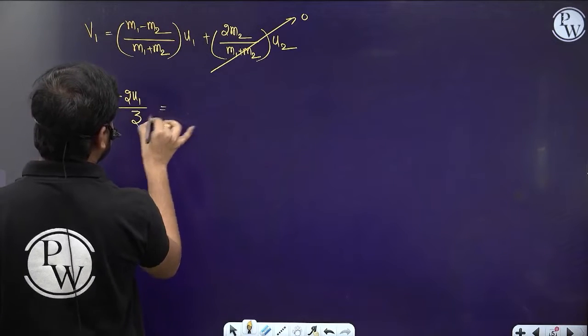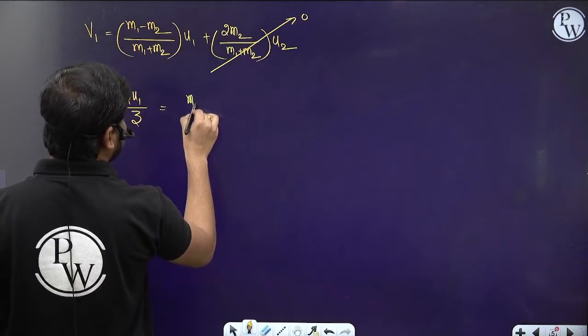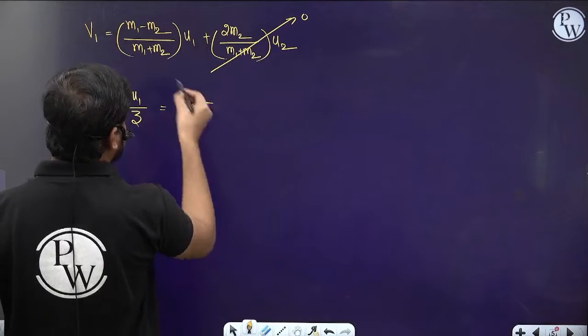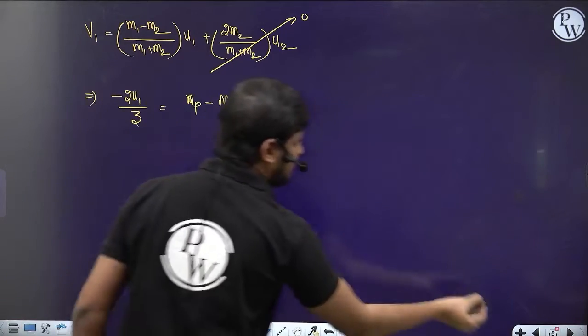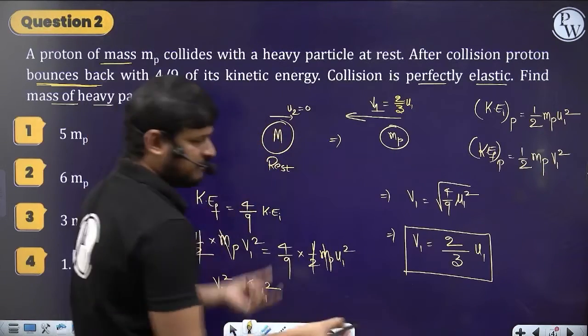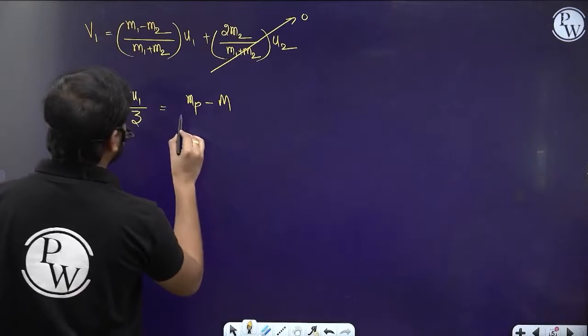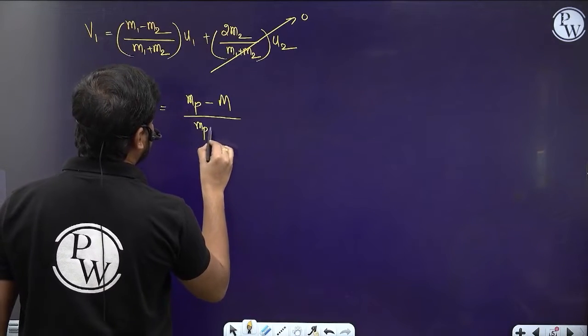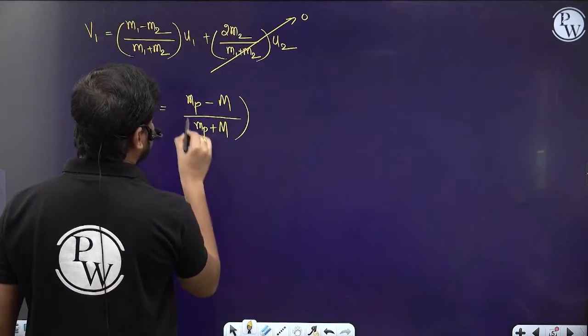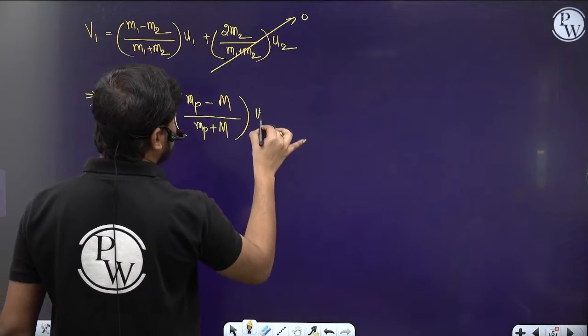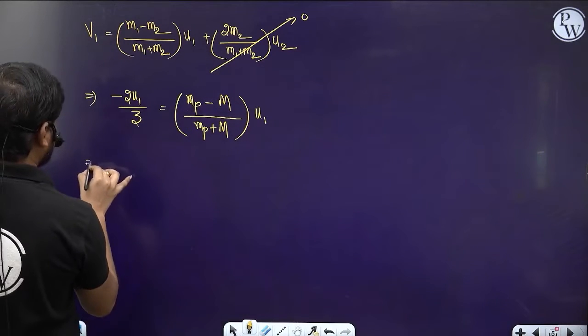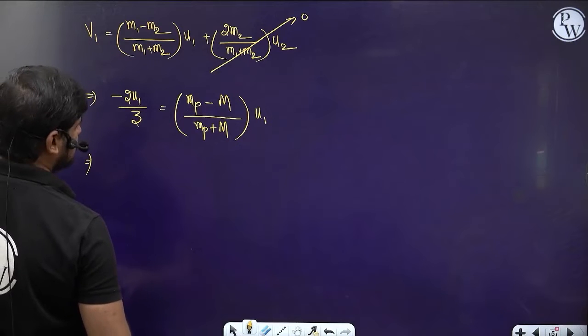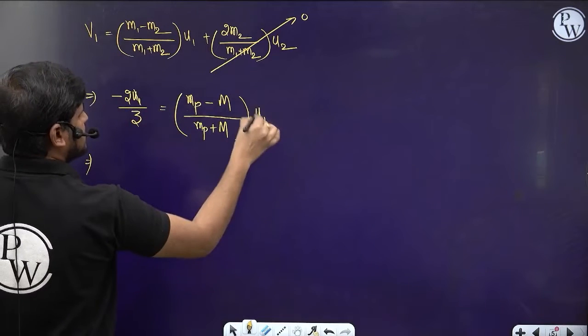This is equal to: the mass of the first particle is the mass of the proton, mp, and the second particle's mass, let it be capital M, by mp plus M, into u1. Now let's do the calculations. Cross multiply guys.